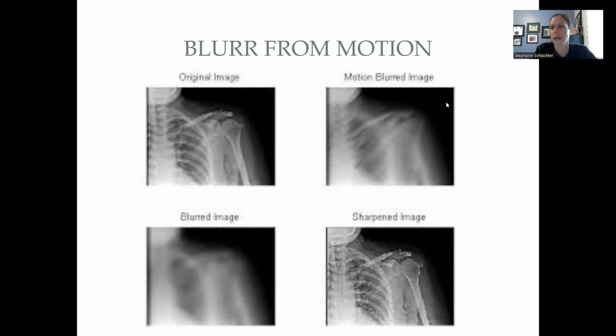You can definitely see those, you can't make any detail, it's just all fuzzy. And then they have the sharpened image, which has the best detail. We don't usually use sharpen on our digital radiographs, but it is something you can do. You can do that with pictures you take on your phone too, to try and decrease that blurring, okay?